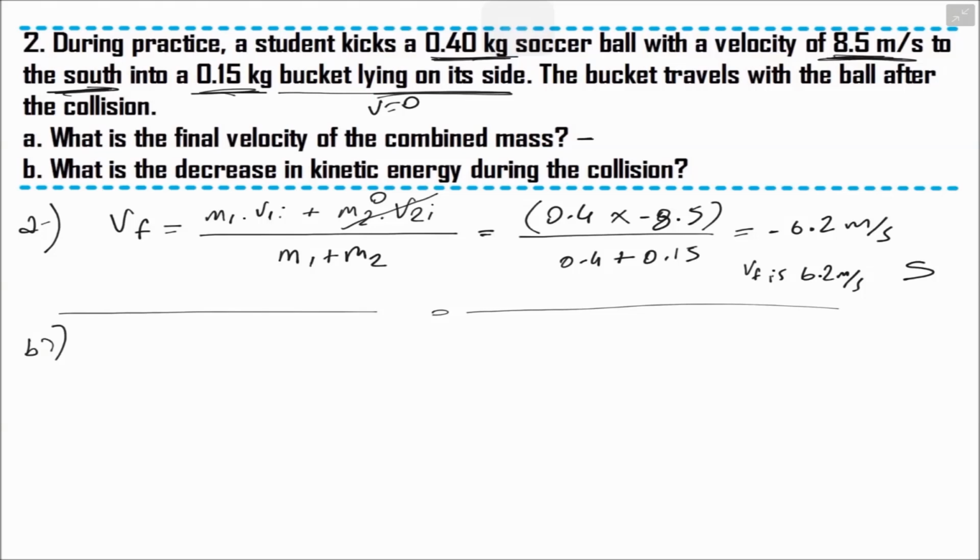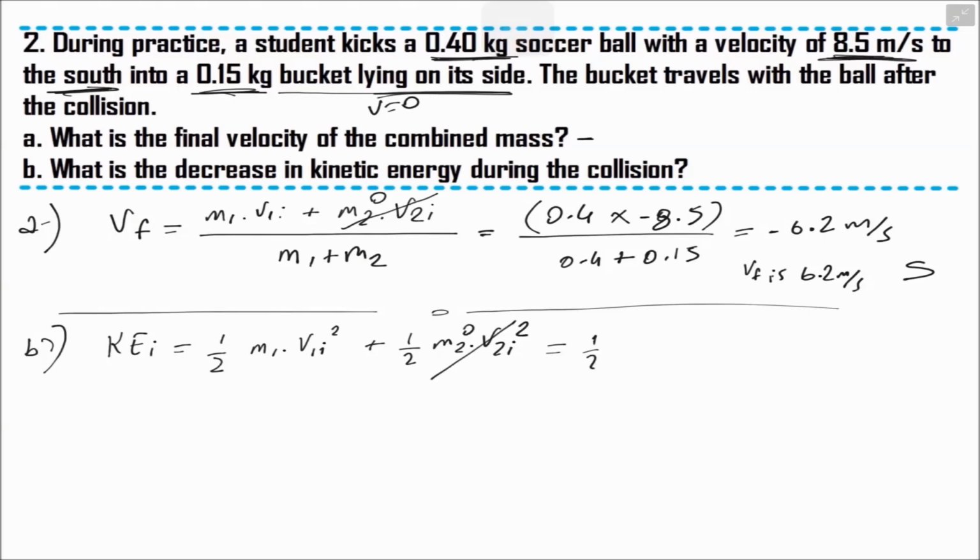And at part B, it's asking what is the decrease in kinetic energy during the collision. So we're going to calculate kinetic energy initial: half m1 times v1 initial squared plus half m2 times v2 initial squared. The second object is at rest, so this will be 0.